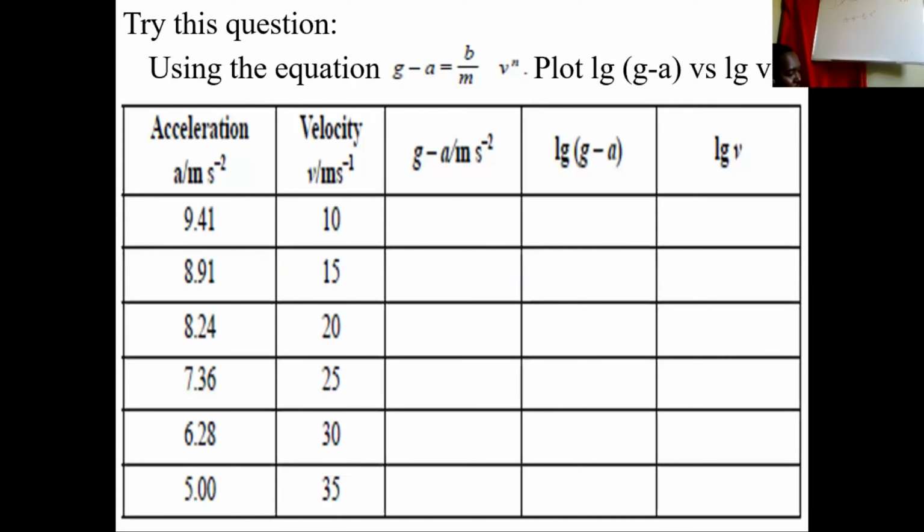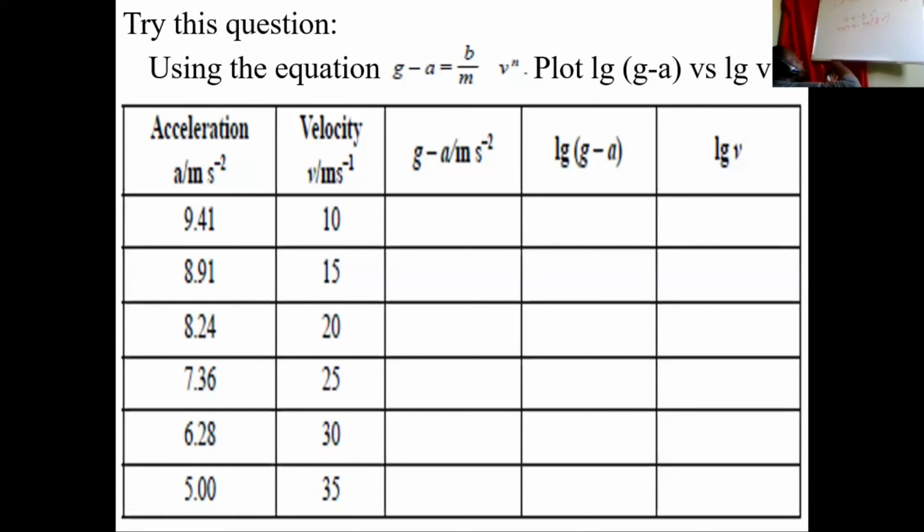All right, so you're going to tell me how you're going to move to making this a straight line graph, because obviously we have a power there that we need to remove. The first thing we do is log both sides. So we log the G minus A equals the log of B over M times V to the n.